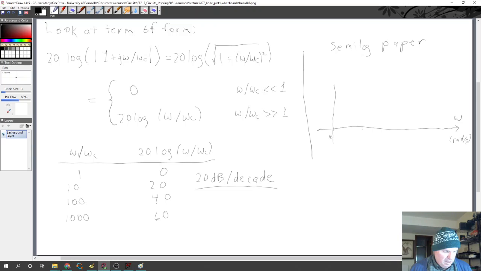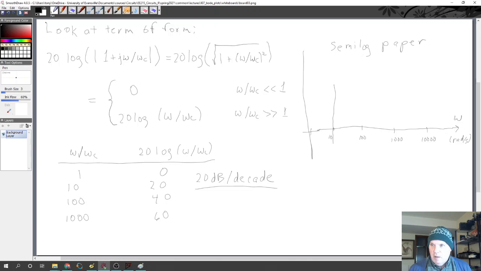Let's say that omega c turns out to be somewhere between 100 and 1,000. On the semilog paper, equal units become factors of 10. If I continued to the left, another equal unit would be a tenth, then 1/100th, then 1/1000. I'd never get to a value of 0 omega on this semilog x paper.